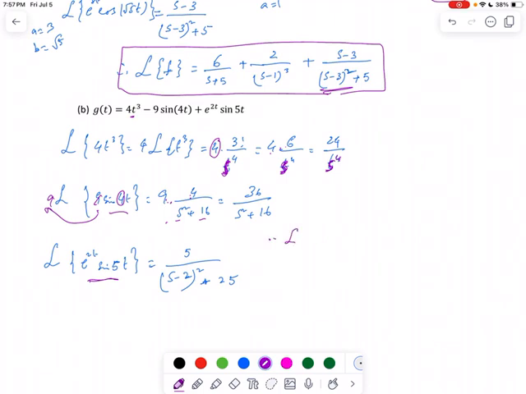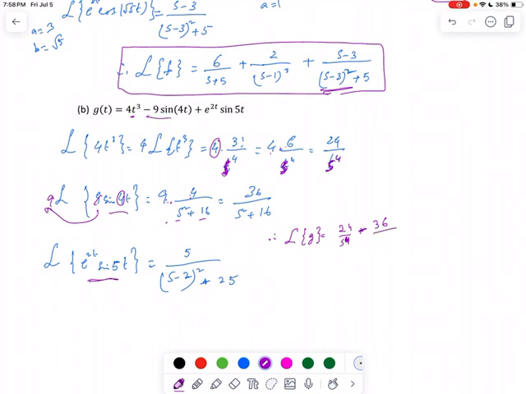And then similarly we can find the Laplace transform of the last term, but now I have to put them together. So therefore the Laplace transform of g will be equal to 24 over s to the 4 plus 36, or is it minus 36?